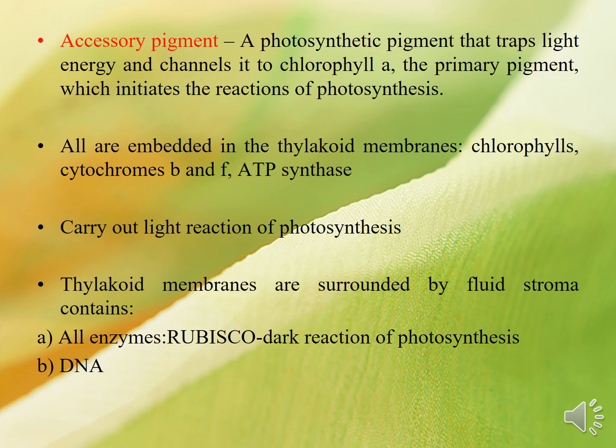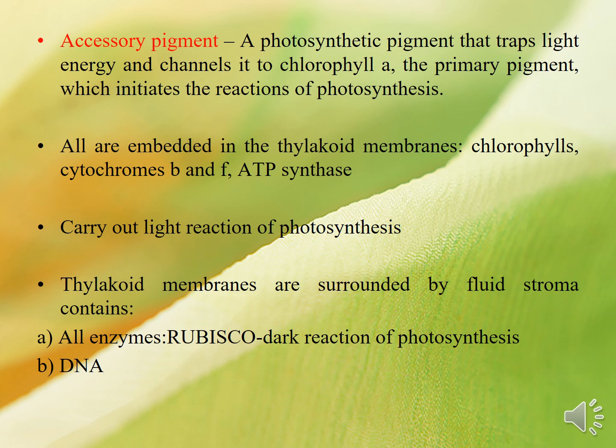So all of these accessory pigments are embedded in the thylakoid membrane, because this plays a big role in the light reaction, as well as producing ATP. So they are embedded together: chlorophyll, cytochrome B, F, and also the ATP synthase.